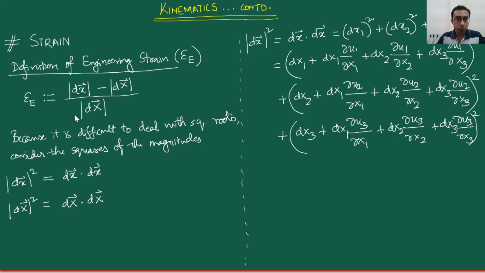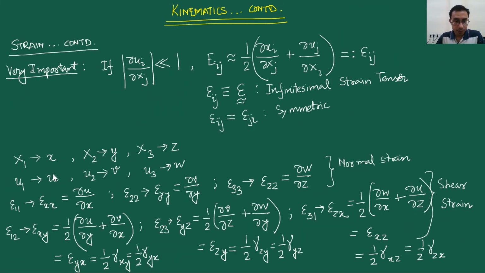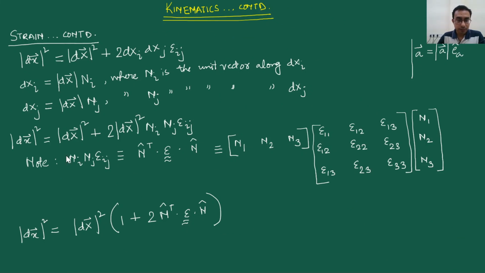And because we wanted to avoid the use of square roots, we had taken these squares, and that is why we are still stuck with these square roots, with the squares, but we want to get rid of it. And you'll see in the next slide how we can do that. So I'm going to carry over this expression to the next thing. All that I'm going to do is divide throughout by d capital X vector magnitude square. So this thing I'm going to divide here.